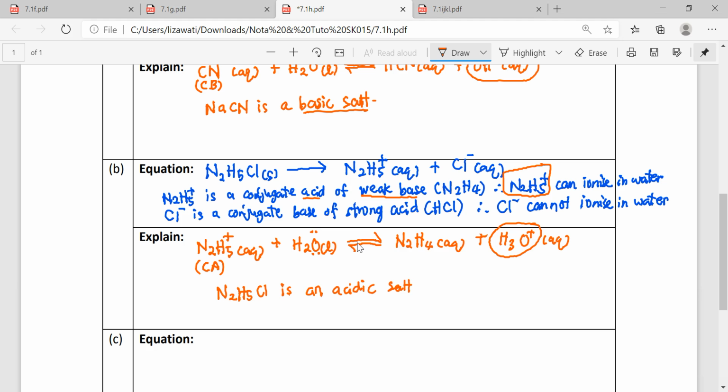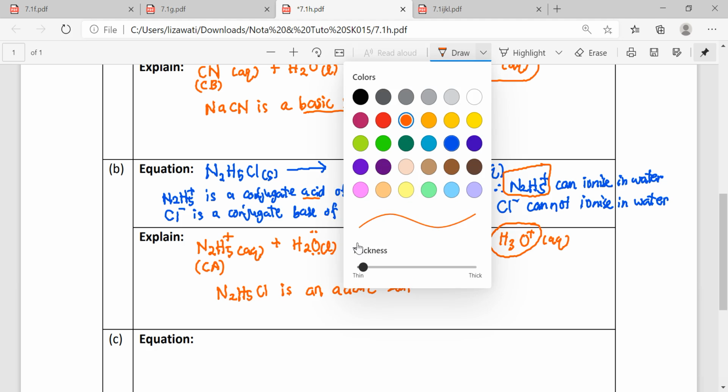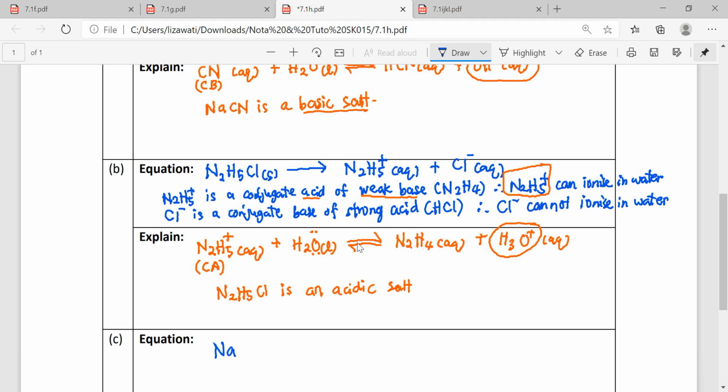For question C, it's given NaCl. First you have to write the hydrolysis equation for the salt. NaCl exists as a solid, and any kind of solid can dissociate 100%. So you have to use a forward arrow, and it becomes Na+ aqueous and Cl- aqueous.